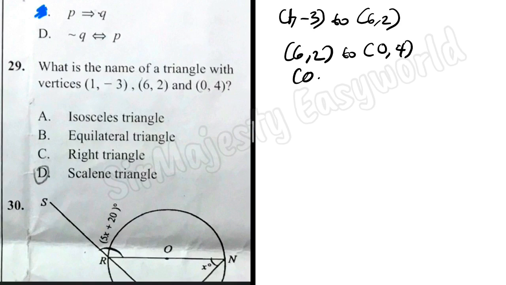I'm also going to do (0, 4) to (1, -3). So let's start. Let's measure both sides. Remember, the distance between two points in coordinate geometry, let's assume this is our x1, y1, and x2, y2. Sorry, this is a small mistake.